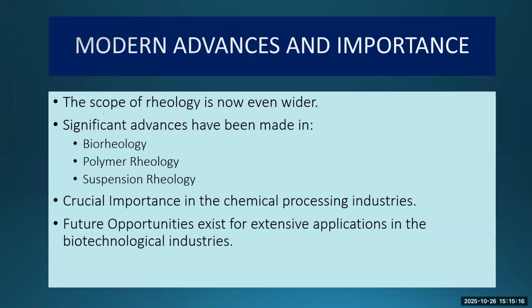Modern advances and importance: the scope of rheology is now even wider. Significant advances have been made in biorheology, polymer rheology, and suspension rheology. So these are the different areas of research where scientists have tried, and are even now studying and doing research.